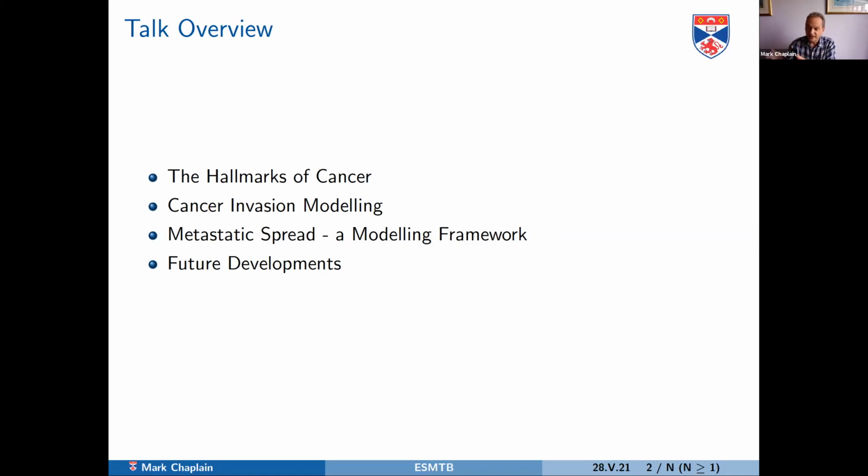So before looking at the metastatic spread, we'll go back and I'll revisit some work I did some time ago, which has led ultimately to this new modeling of the metastatic spread, which is very recent work. And then I'll mention towards the end some very recent developments where we've taken the metastatic modeling forward in slightly different directions.